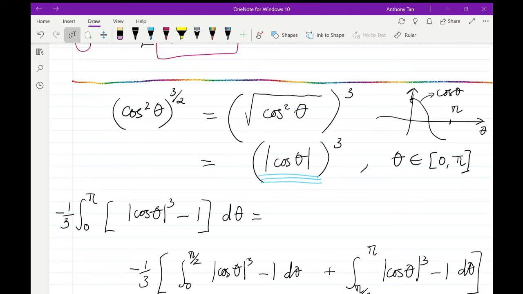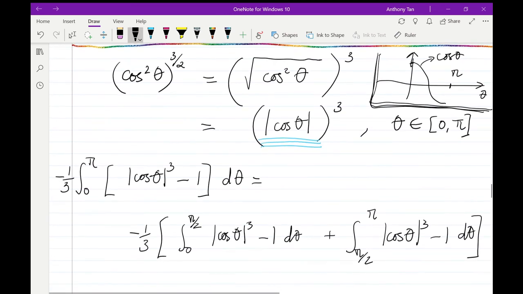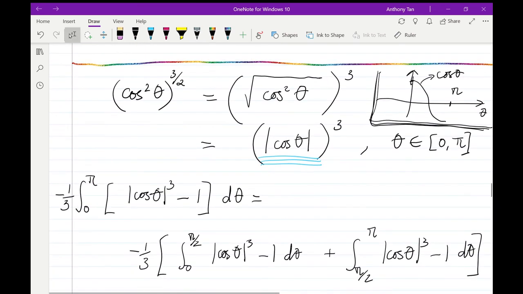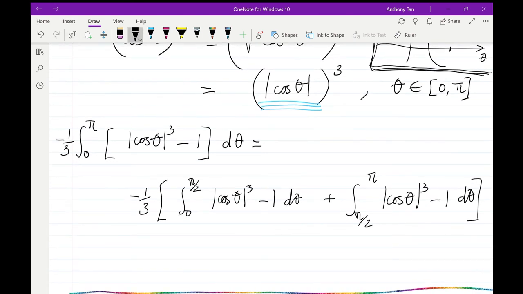And from the plot of cosine theta, you can see that from pi over 2 to pi, it's negative, right? So you have to deal with the absolute value at this step appropriately. So expand this out. From 0 to pi over 2, cosine is positive, so absolute value of positive cosine just stays the same.